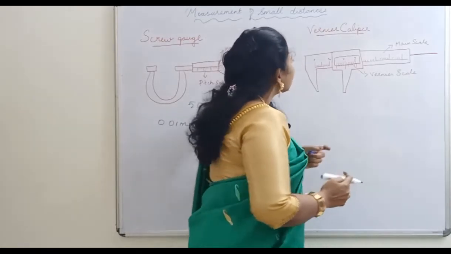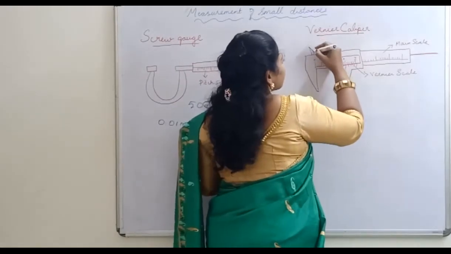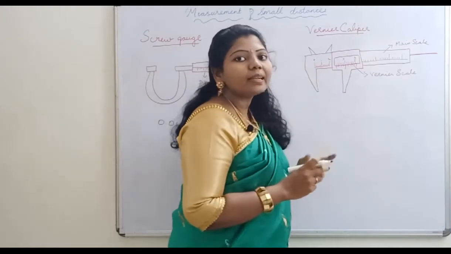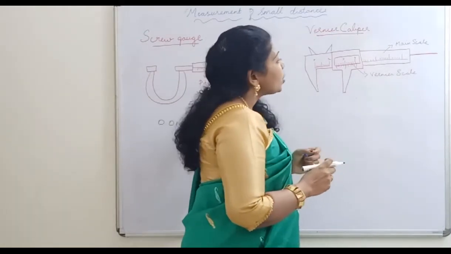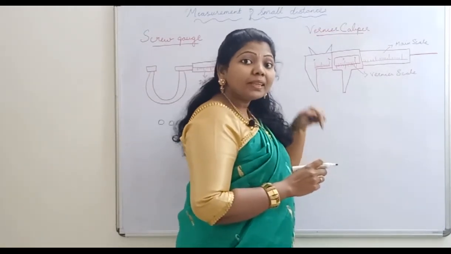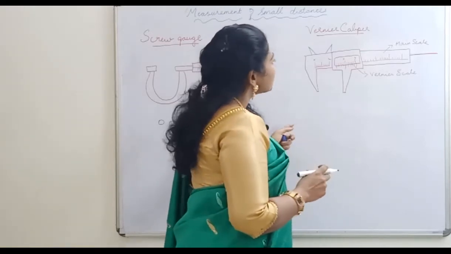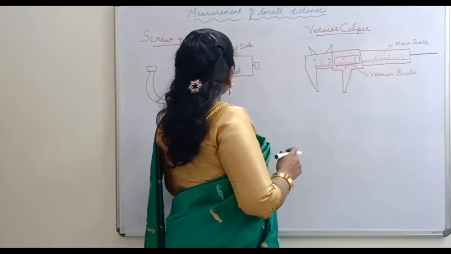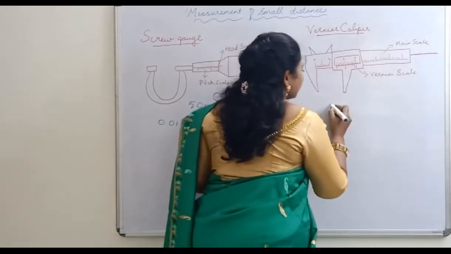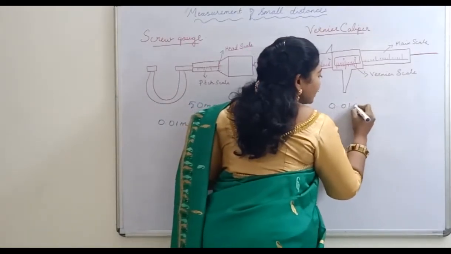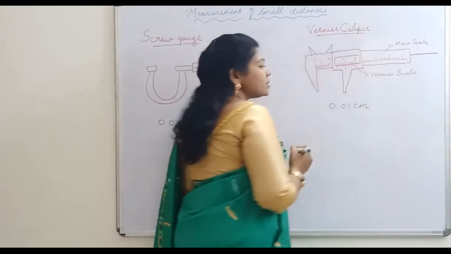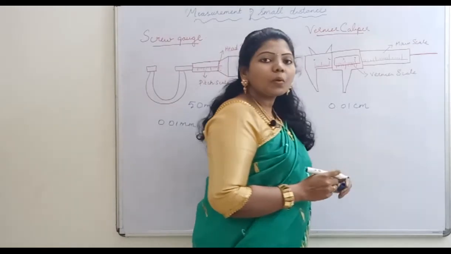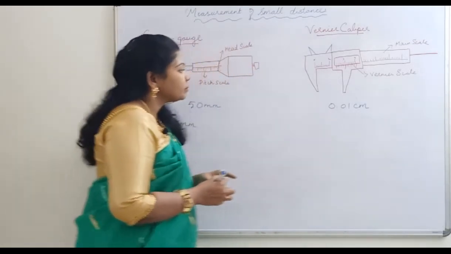Here there will be two jaws like this, which can be used to measure the inner diameter of a pipe and also the depth of a hole. The least count of the Vernier caliper is 0.01 centimeter. The shortest distance which can be measured by the Vernier caliper is 0.01 centimeter.